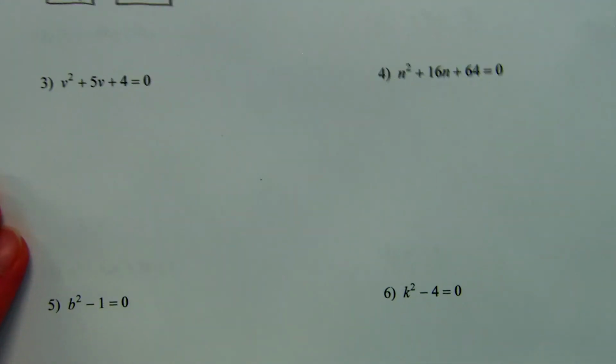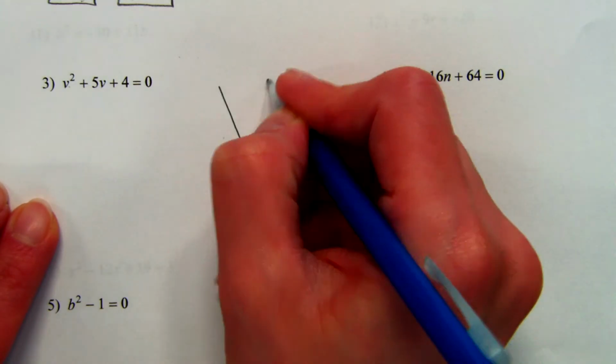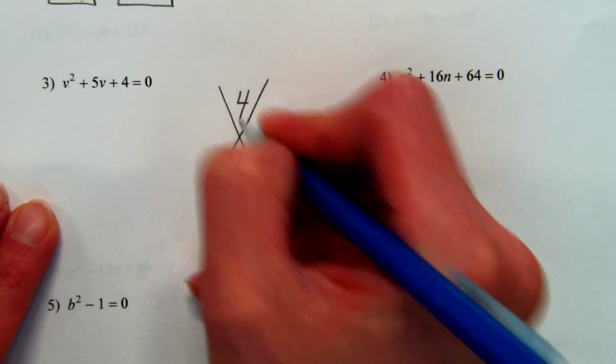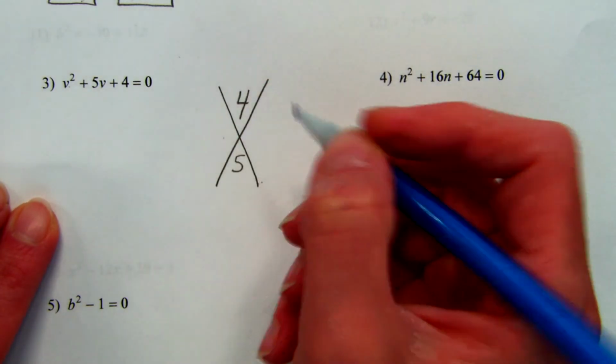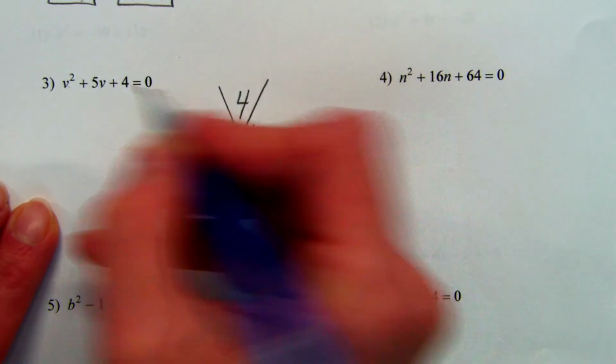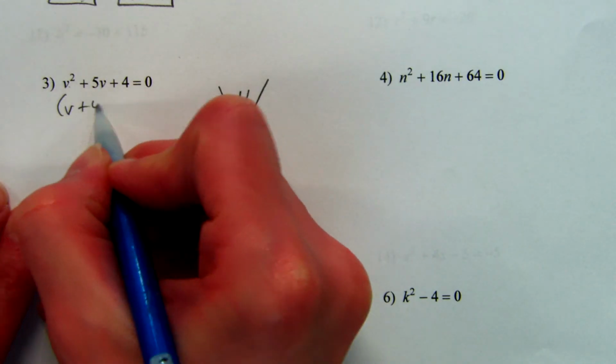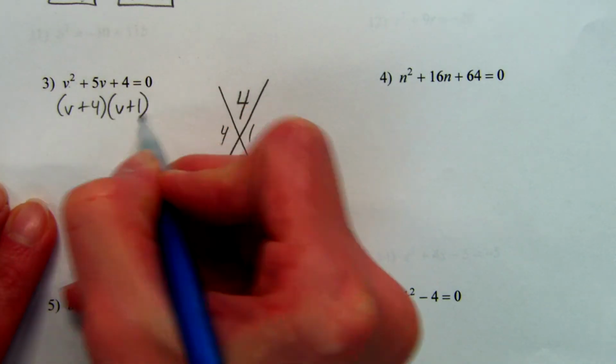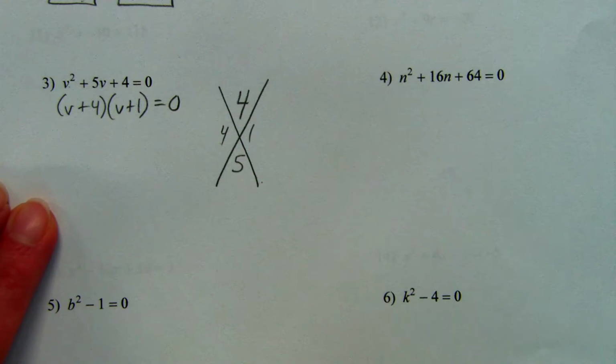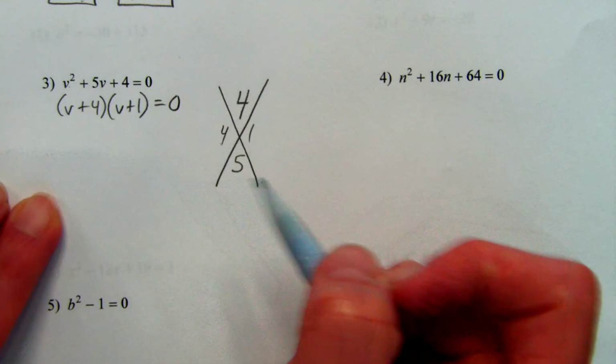All right, let's go down to number 3. This one has the 3 terms again, so we can do our little puzzle. It multiplies to make 4, adds to make 5. So it'd just be 4 and 1. So I'd have v plus 4 and v plus 1, and then it equals 0. The 0 part's important because otherwise this wouldn't work.